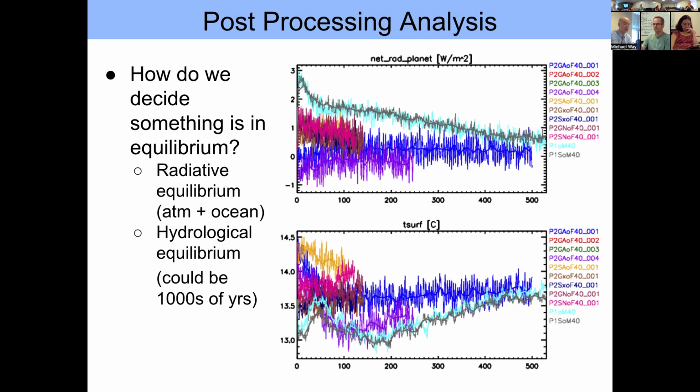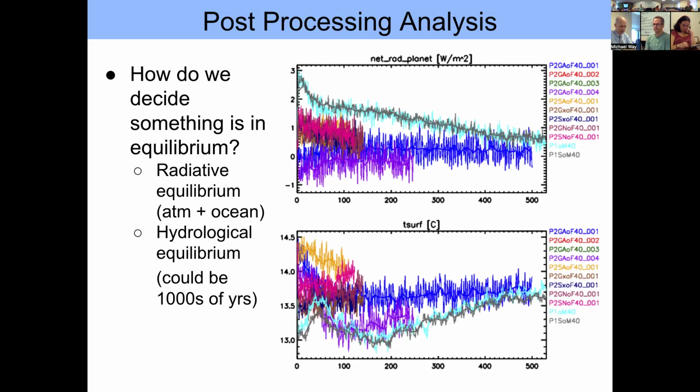You don't want to publish a climatology for a planet that's not in equilibrium, because as you can see in the bottom panel, its surface temperature is changing through time and may not be the right surface temperature. If you look at this green line, you can see that it's still changing as we move forward in time, although it's starting to level off a bit.